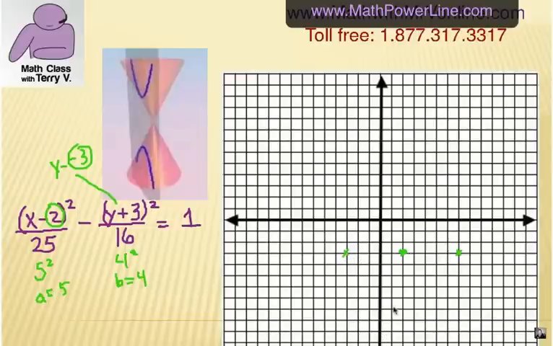And then back from the center, we're going to go up and down 4. So put a mark right there and put a mark right there. Let's draw the rectangle. There it is. And now we draw the diagonals of that rectangle for the asymptotes. Let's give that a shot right there. And let's try, we'll go here and then we'll extend the line.